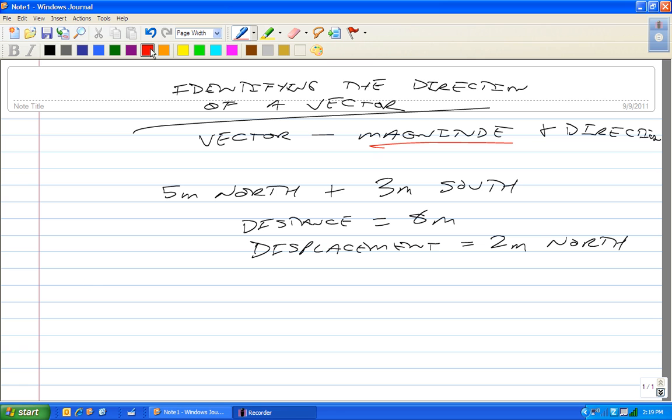I could have done that graphically by showing the 5 meters north plus the 3 meters south, and then the resultant, the sum of those two, would be from where I started to where I ended, and you can see that's clearly 2 meters in the north direction.